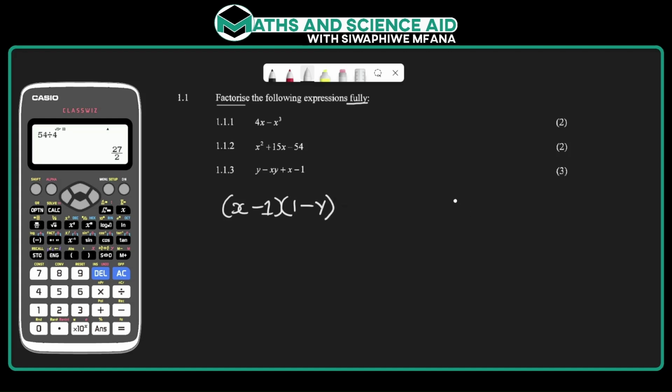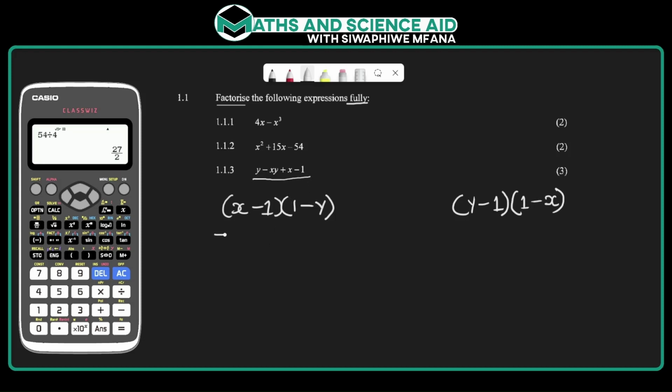And now the answer that we have just obtained is y minus 1 into 1 minus x. And now you might say that these answers do not look the same. But we can actually check whether or not these are both correct by expanding the factorized expressions and see if we can get our original expression back.